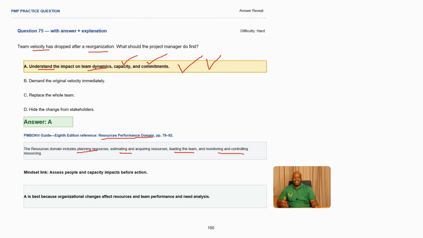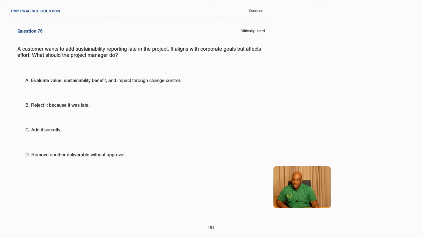So you need to understand what was the impact of that. And what is the best mindset in this particular scenario? You need to assess people and capacity impacts before action. So before reorganization, the best was to assess the capacity and also the impact, making A the best answer because organizational changes, they affect resources and even team performance, and they need analysis before you take action, making A the best answer.